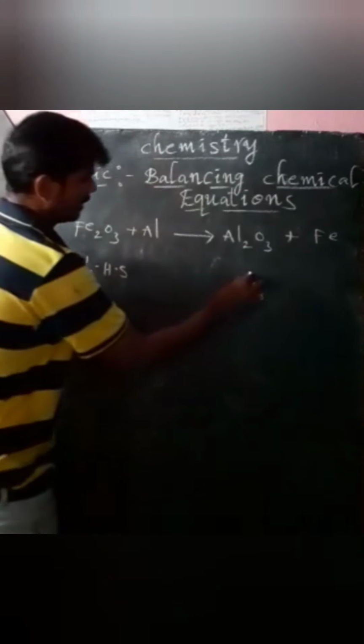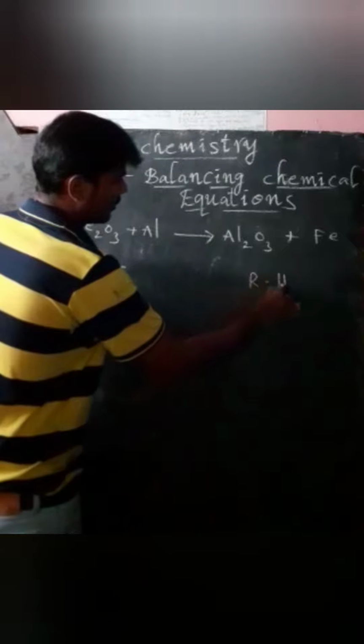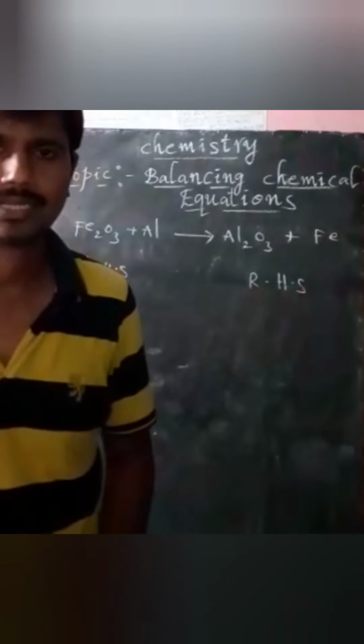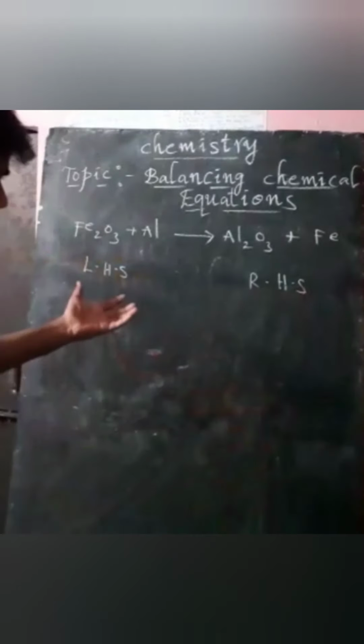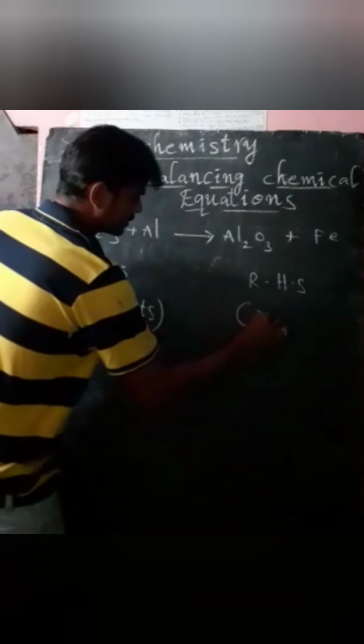In this, the LHS we call reactants, and the RHS we call products. In a chemical equation, the LHS side we call reactants, and the RHS side we call products.